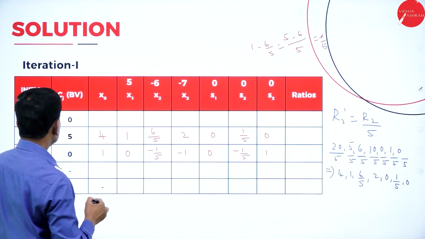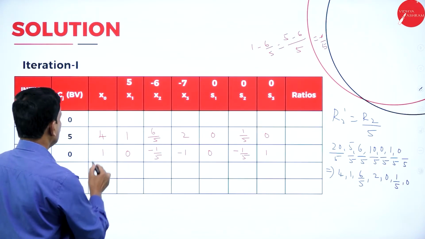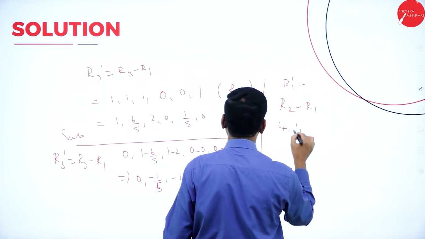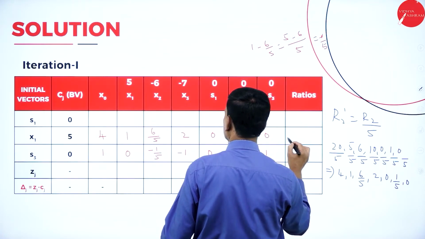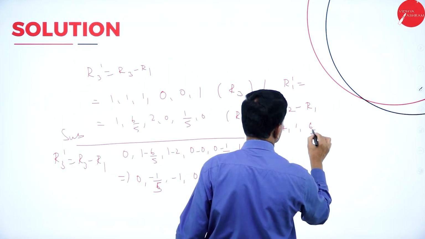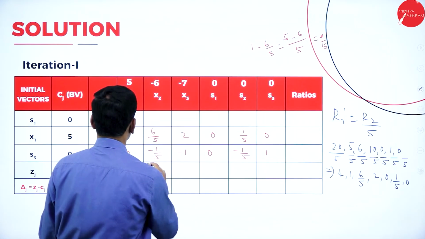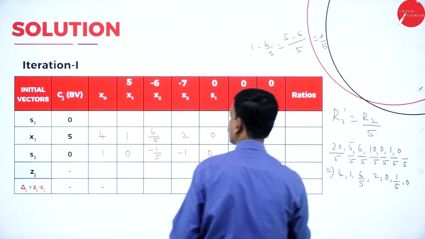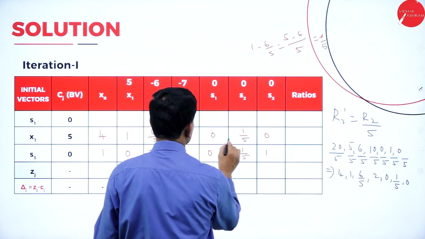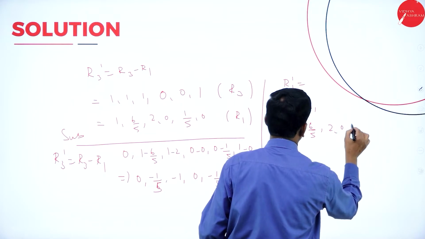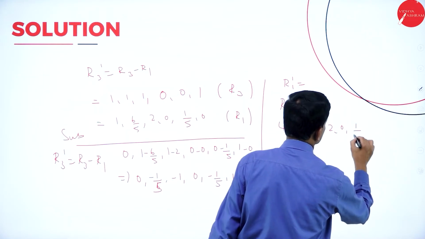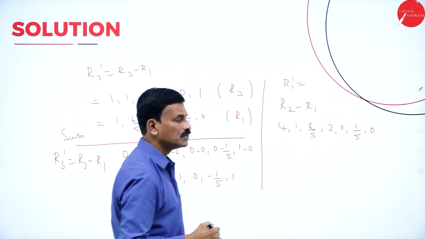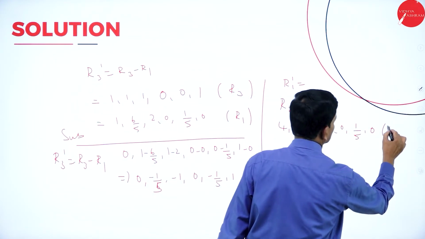What is R2? We have R2 as 4, 1, 6 by 5, 2, 0, 1 by 5 and 0. This is R2.